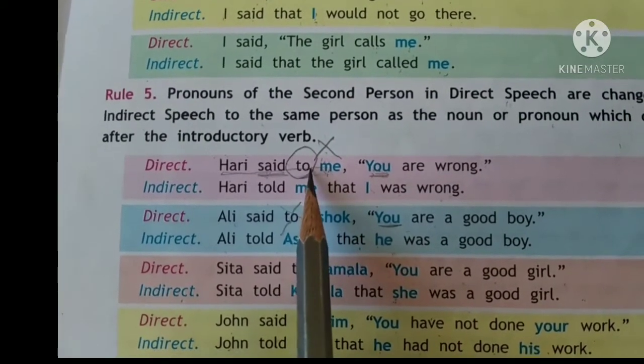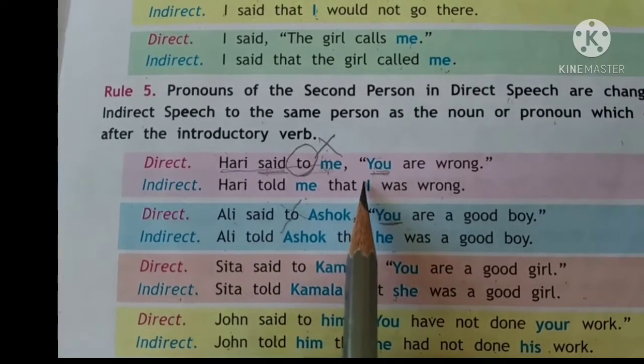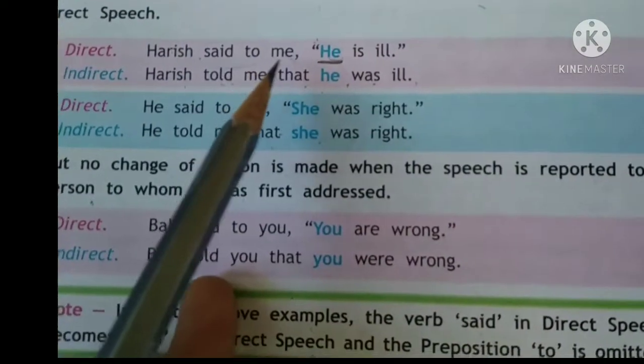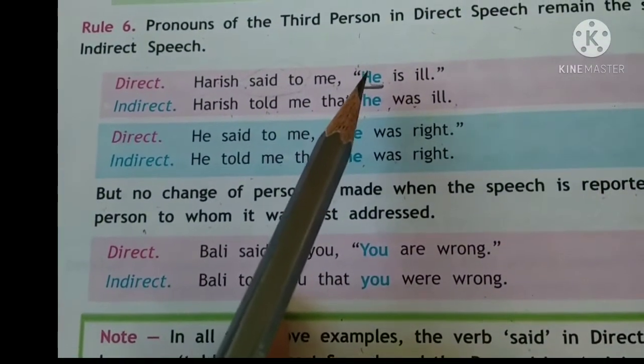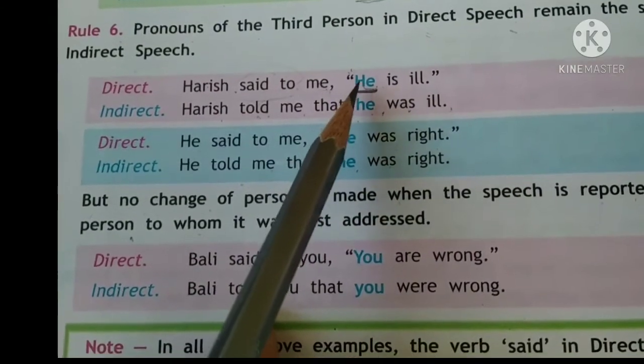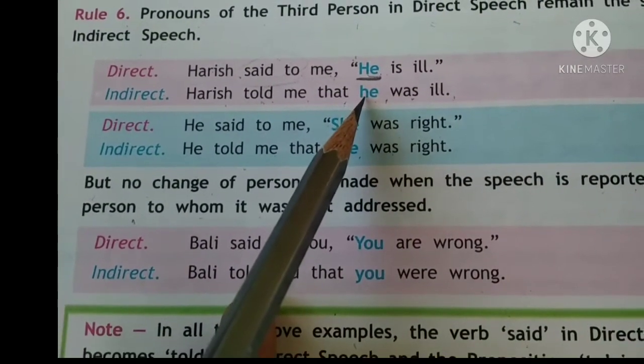To whatever the object is, according to that it will be changed. So this you becomes I. And then we learnt that if the reported speech begins with the third person, that is she or he, then that won't change in the indirect speech.